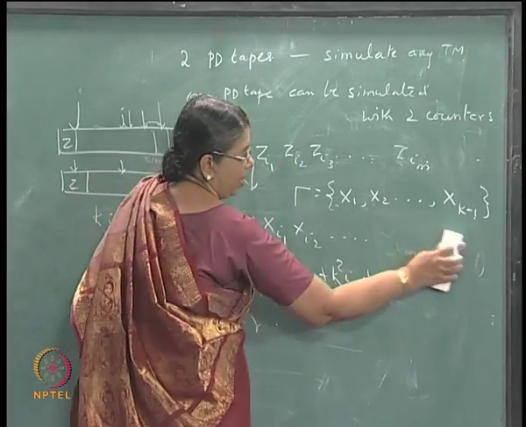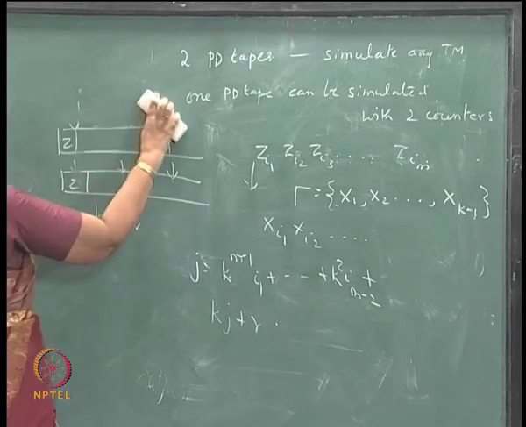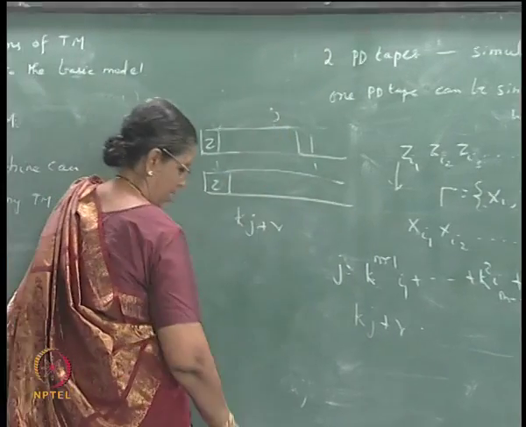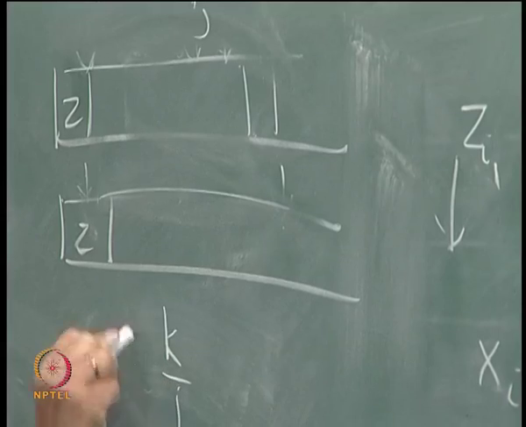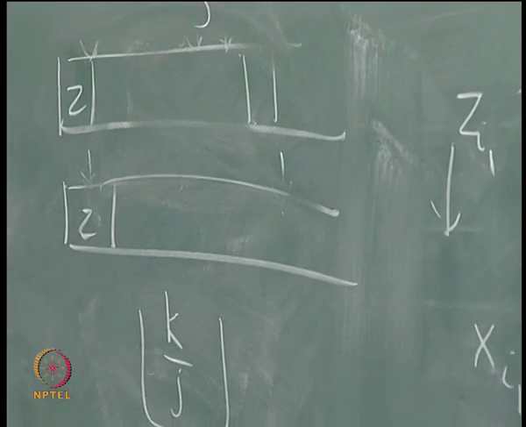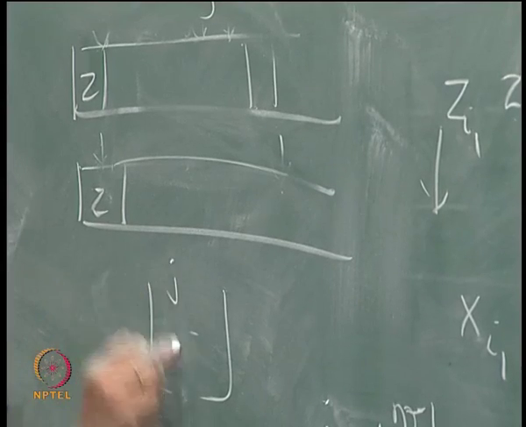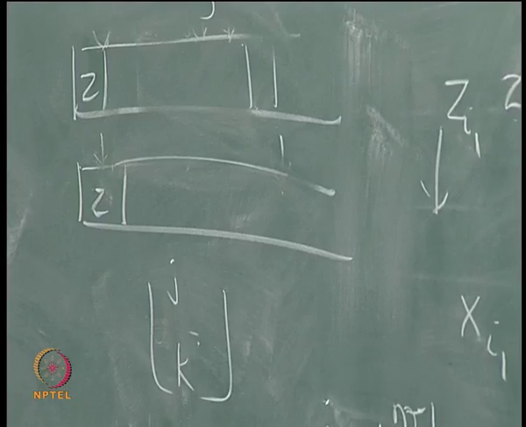When you want to remove that, this is pushing, now popping, what happens when you pop? In one counter you have j, in the other counter you must have j by k, the floor of that, right.